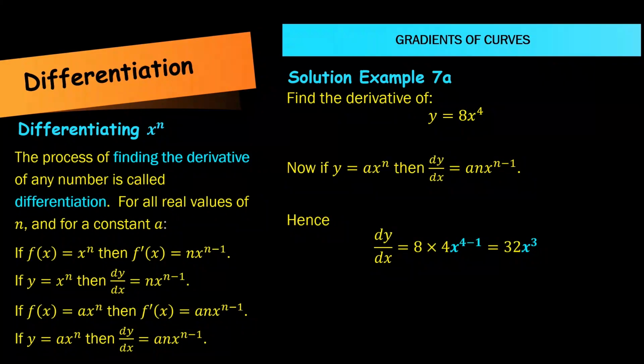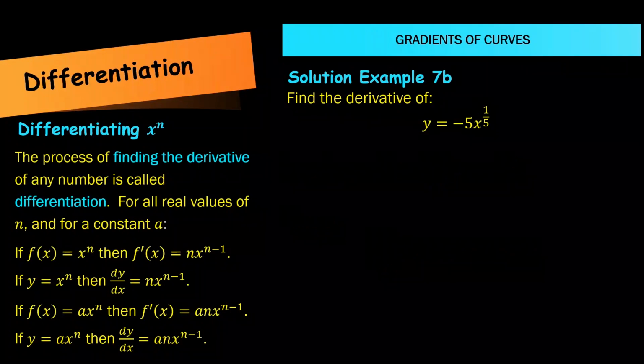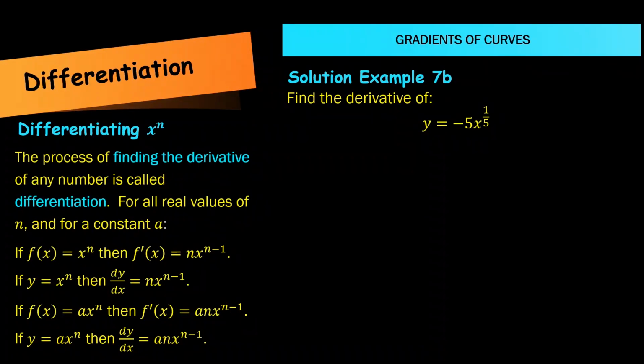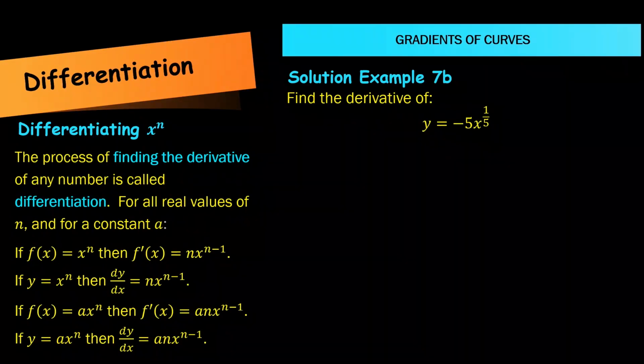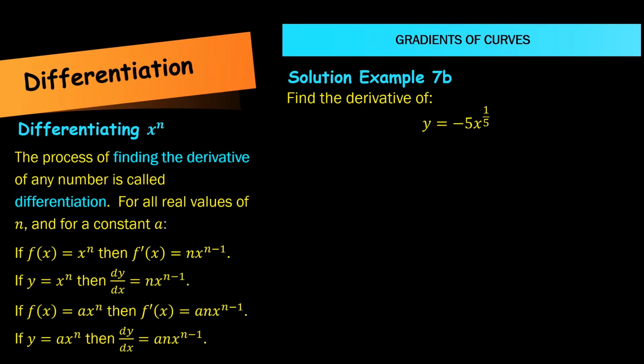And now for example B, find the derivative of y equals -5 times x to the power 1 over 5. Again, we're going to use the same formula because we have a constant at the front as well as a power.